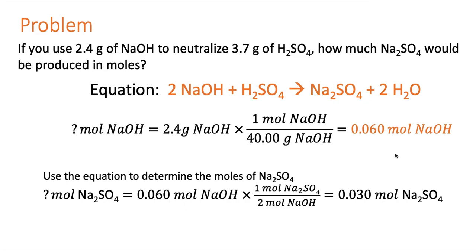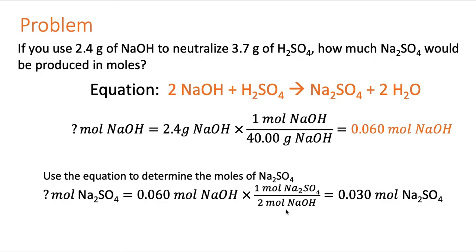I start out with the amount of NaOH, 0.06 moles of NaOH, multiplied by 1 mole of sodium sulfate on top, divided by 2 moles of sodium hydroxide. So a 1-to-2 ratio. My moles of NaOH will cancel. That is why it's so important to write out the units.